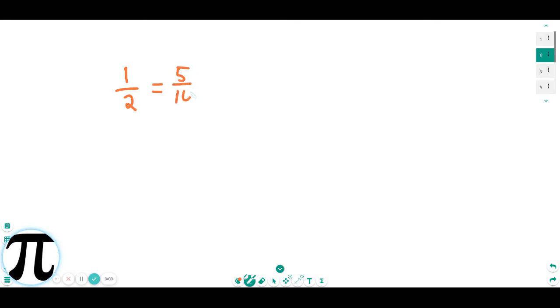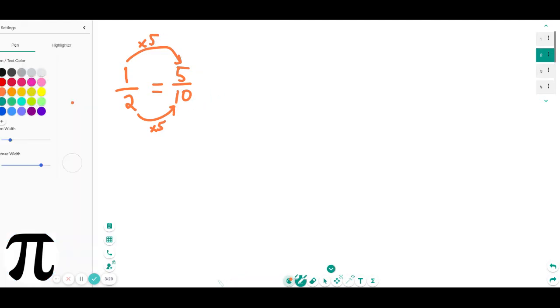There's lots of ways of explaining equivalence and proportionalities and ratios. How do you know these are equivalent? Well, Mr. Smith, I made the original fraction of 1/2 five times bigger and made it 5/10. You guys should know this by now, right?